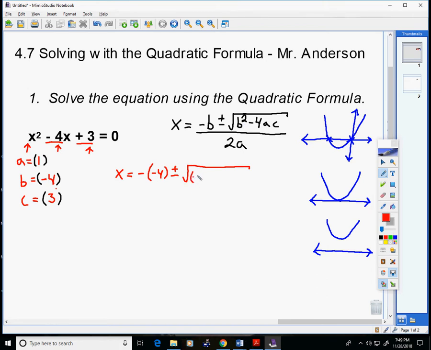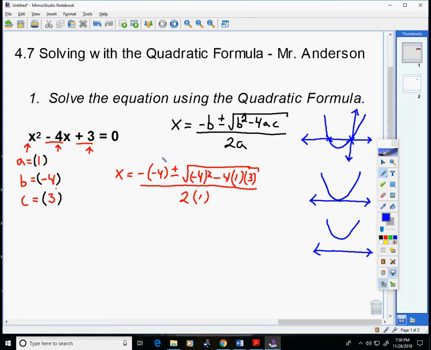Again, b is negative 4, so I'm going to put negative 4 squared minus 4. A is 1, so parenthesis, 1, parenthesis, and c is 3. All over 2 times a, which is just 1. Now, I'm ready to start simplifying this. Take the time to rewrite this with just the substitution. It really helps, and this simplifies really quickly.